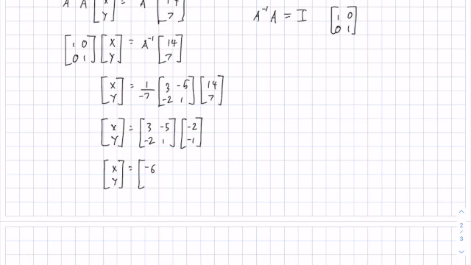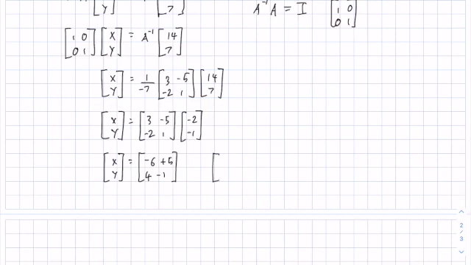Negative 5 times negative 1 is 5. And then negative 2 times negative 2 is 4. 1 times negative 1 is negative 1. And then we solve this out. We get x, y is equal to negative 1, and 3.